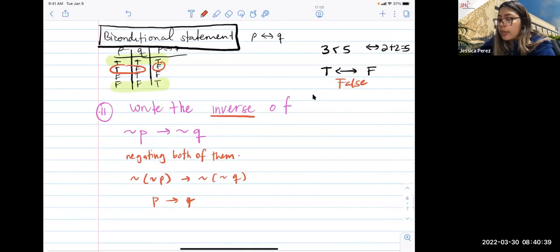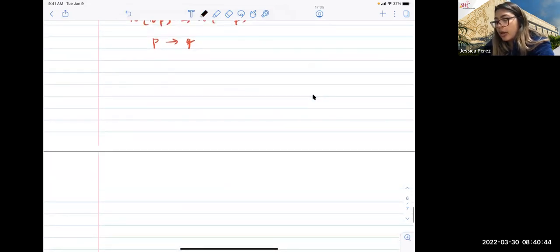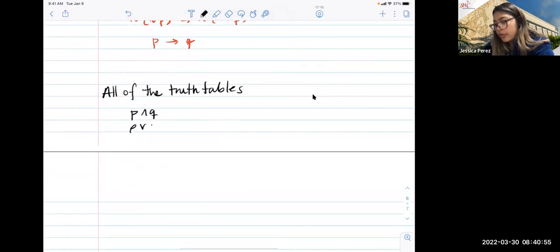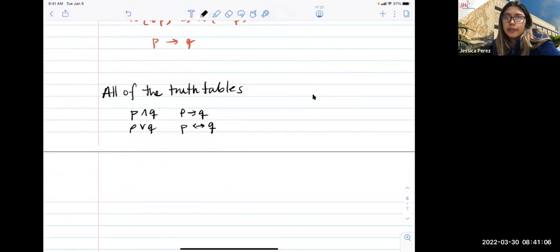So what do I want you to get out of this review? The most important thing is you have to know all of the truth tables for the following: P and Q, P or Q, P implies Q, P if and only if Q. So you have to know all of the implications of the truth tables of these.